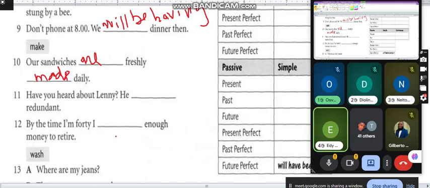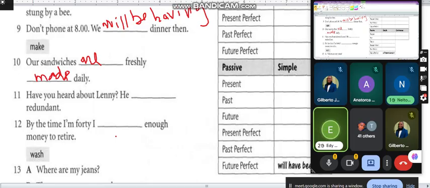For number 11, he has been made redundant. Has been made redundant. Redundant. Okay, has been made redundant. Redundant. Yes.